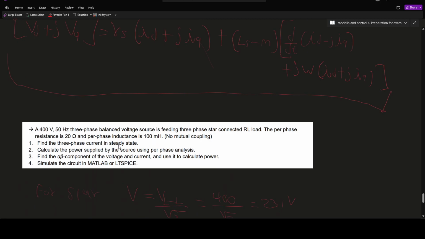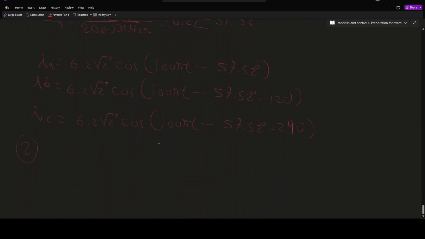Okay, now we have the second point. Calculate the power supplied by the source using the per phase analysis. So we have the voltage in A times the current in A, plus the voltage in B times the current in B, plus the voltage in C times the current in C. This is going to give us power. We can also calculate it as square root 3 times the line voltage times the line current times the cosine of the angle.